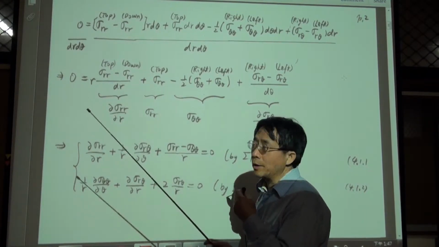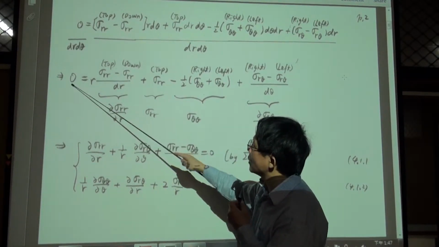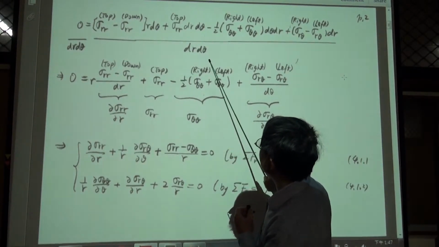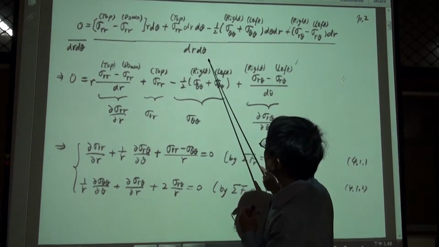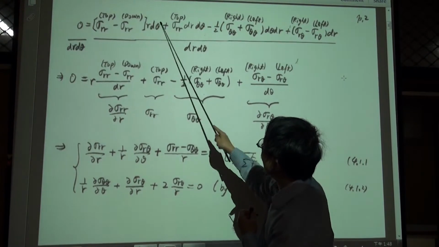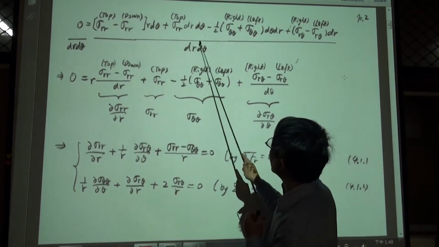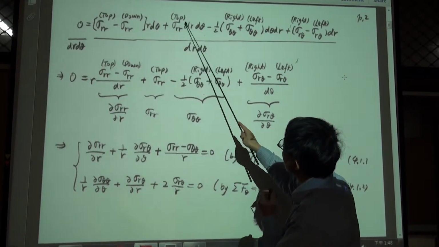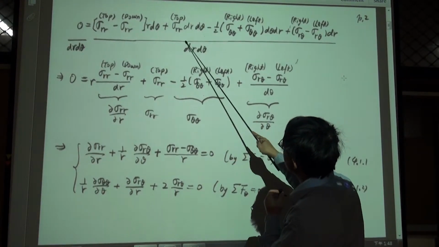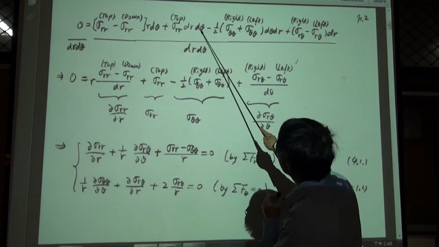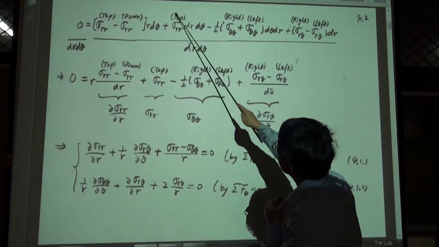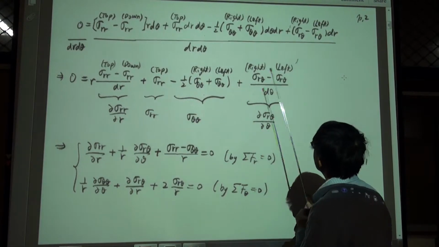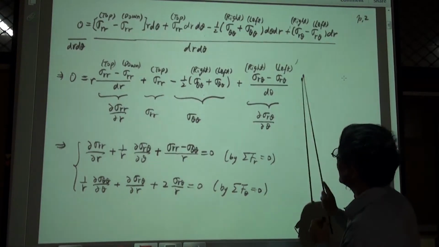It doesn't change the equality, and this one equals 0, and this one will cancel out with d theta, and then we have this one like this, and dr written like here. When we consider this term, these two quantities will be cancelled out. So we have this one, and this one has become here, and this one becomes here.